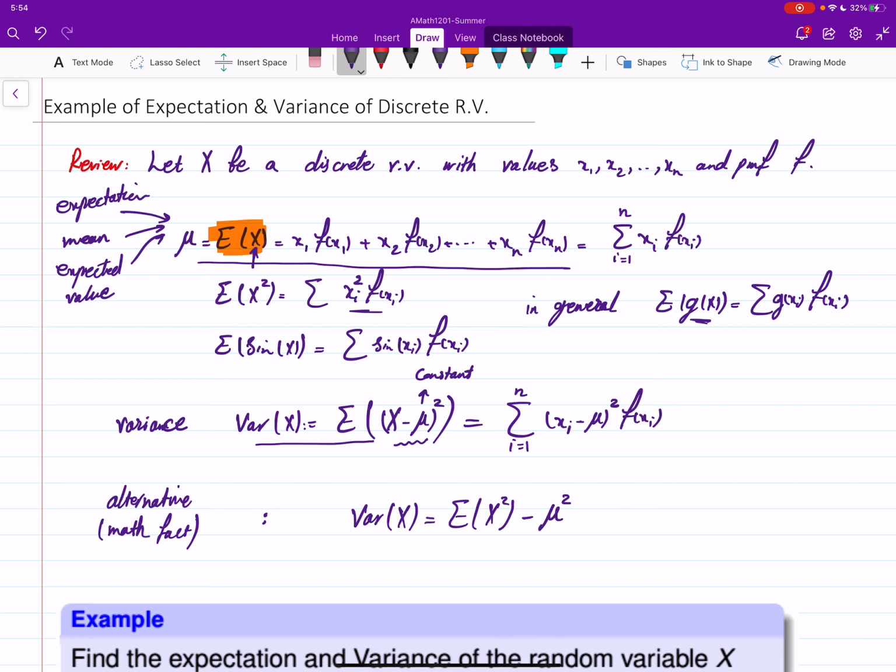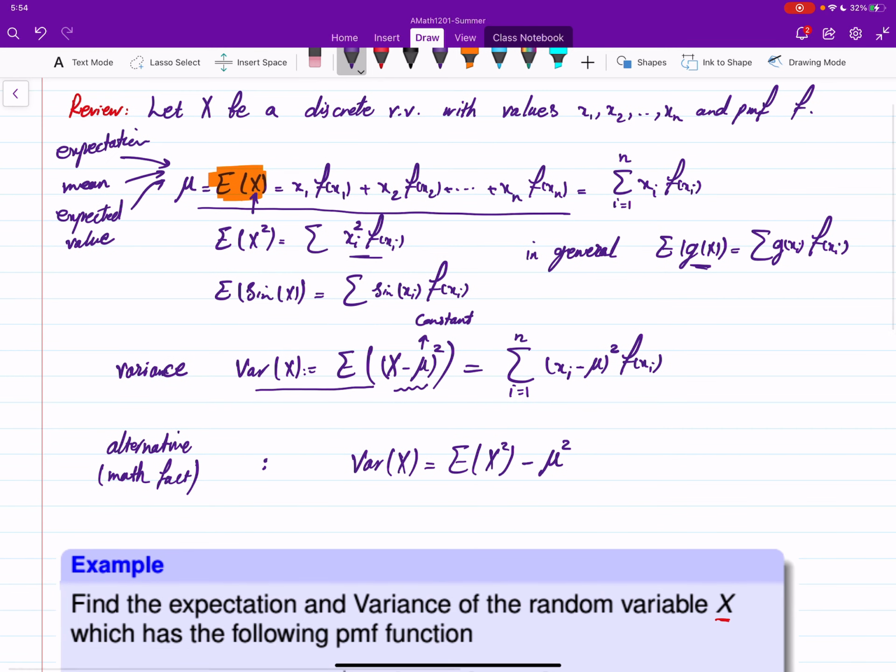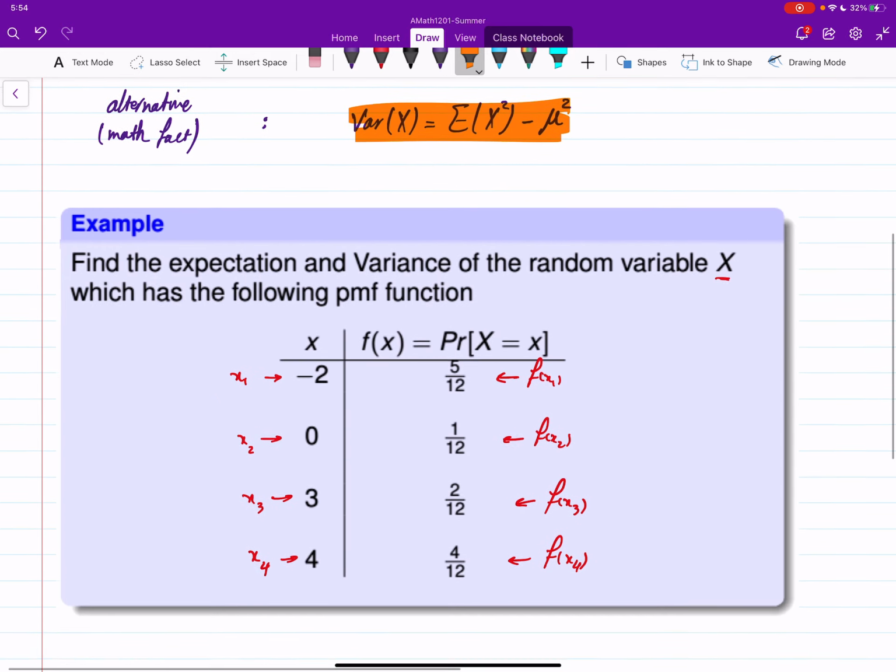In this example, I'll show that using either of those formulas will give you the same result. So now we have the expectation, the variance definition, and this formula. Let's see this in practice.